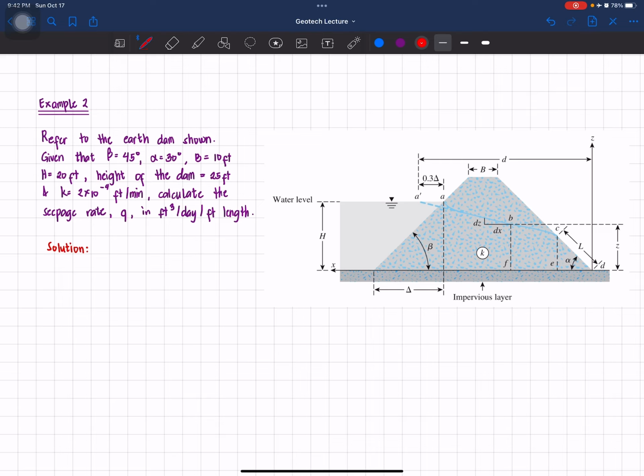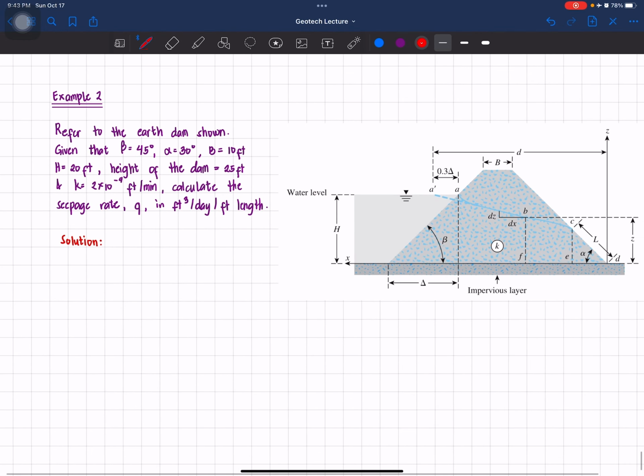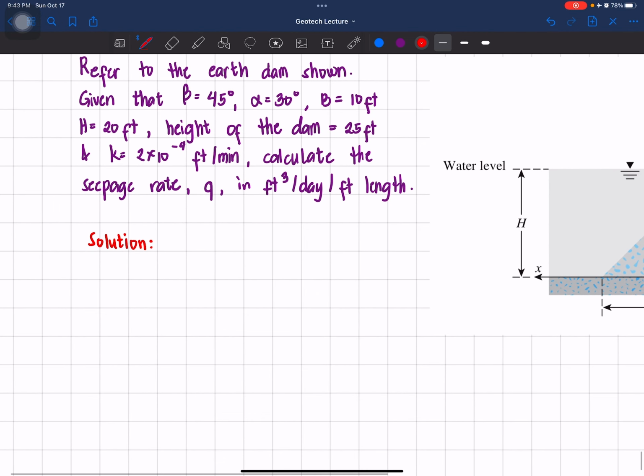Wait, let me just check our formula. We do have the formula for the seepage of the earth dam. In the LMS, these are step by step: we have to determine our L first. Let me write the formula before I give the problem.